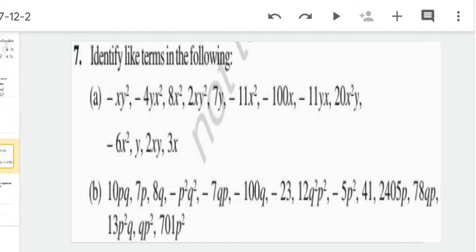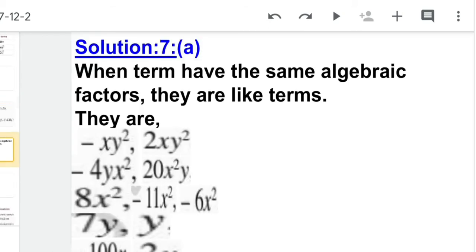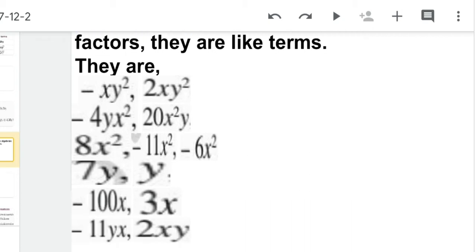Now the seventh question is to identify like terms in the following. We have to make the classification for these. We all know that when terms have the same algebraic factors, they are like terms. So according to the first part of question number 7, these are like: you can see the first group, second group, third, fourth, fifth and sixth group.